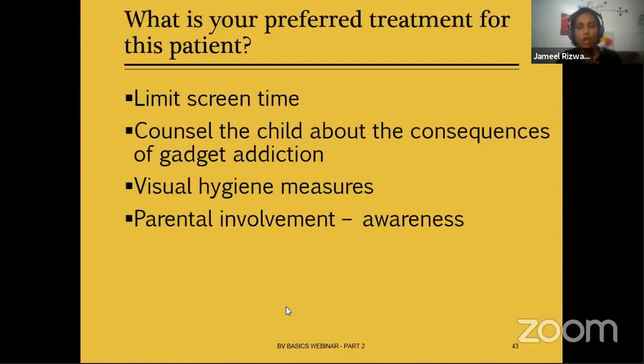Awareness not just about the condition or the consequence, but awareness in terms of how the parent can engage the child, distracting the child from gadgets with other activities. I completely agree, as a parent and a practitioner, that it's very difficult to do this. Easier said than done, but there's no other go.